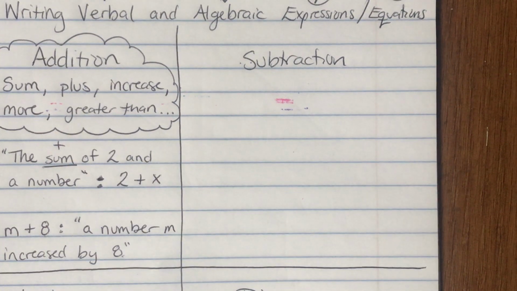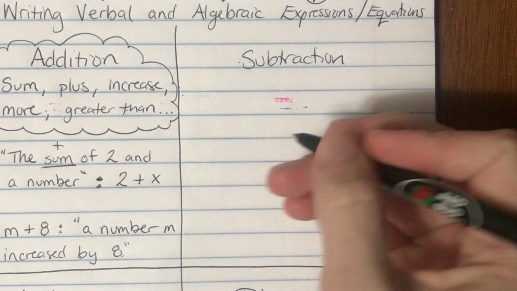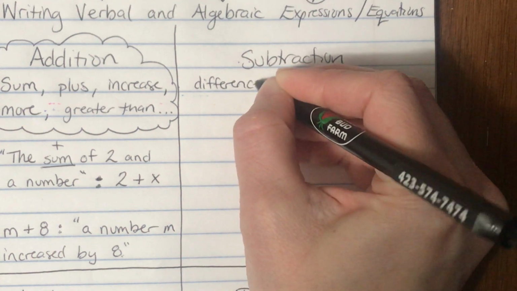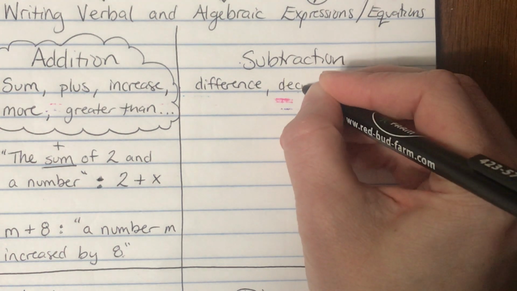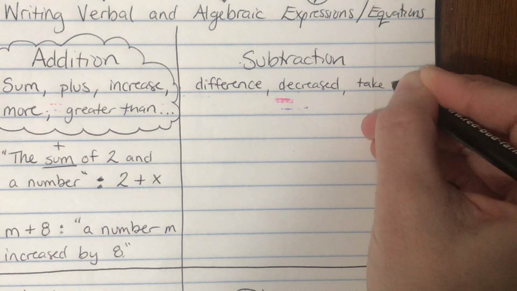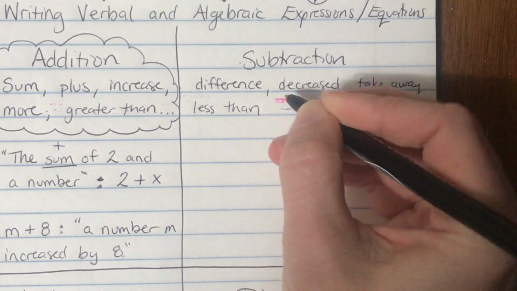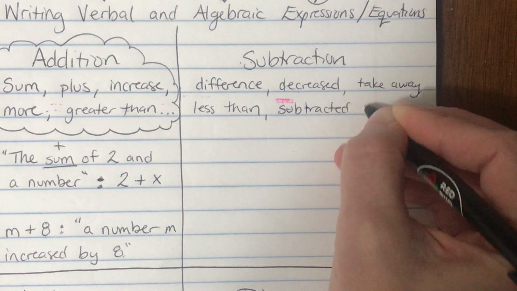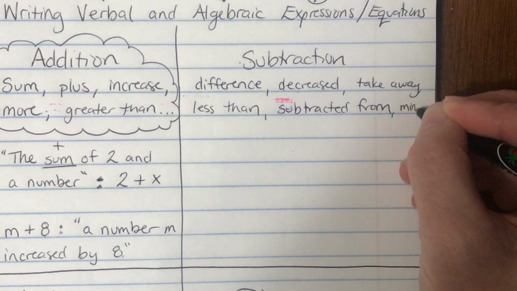All right, let's move on to some subtraction words. So subtraction has its own set of vocabulary. If you think of some words that mean subtraction: difference, the word decreased, take away, less than, subtracted from, and you could just say minus, right?